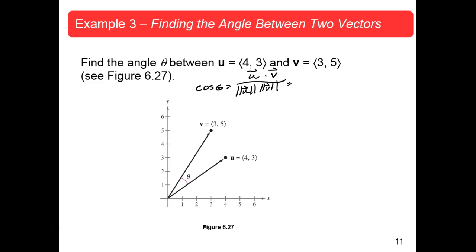Do you need to write it out, or do you think you can just do that dot product? Fine to write it out if you need to. What do you think? Okay.